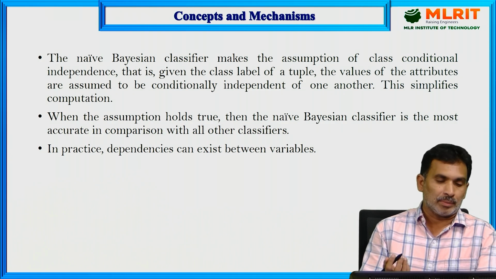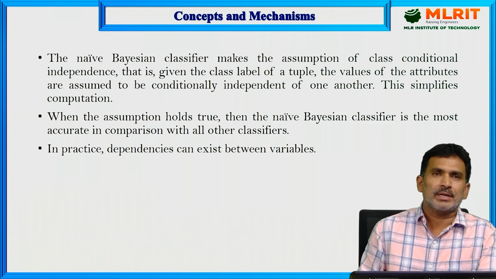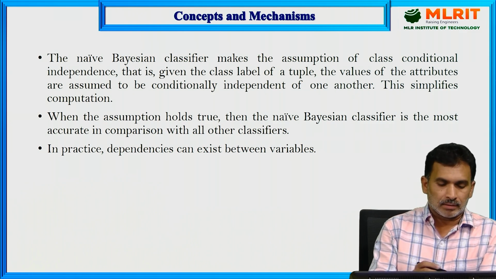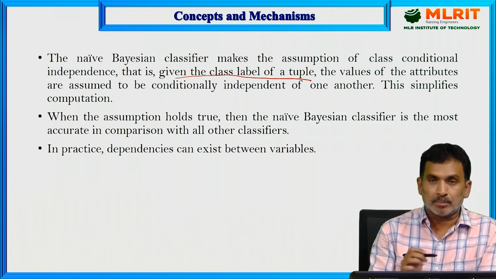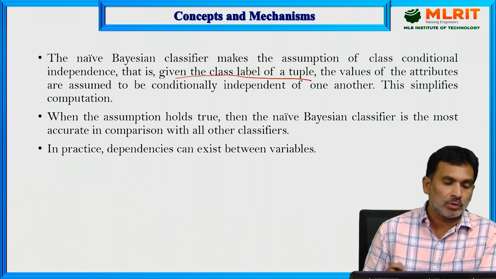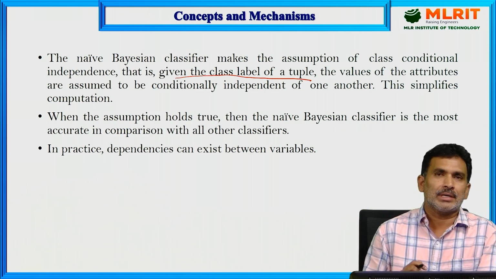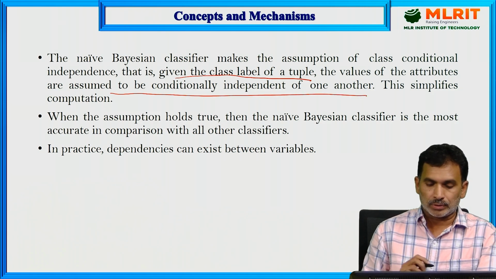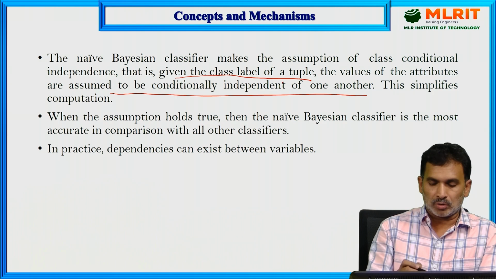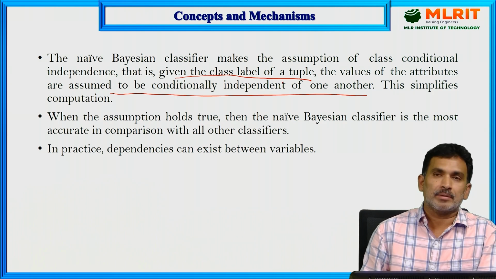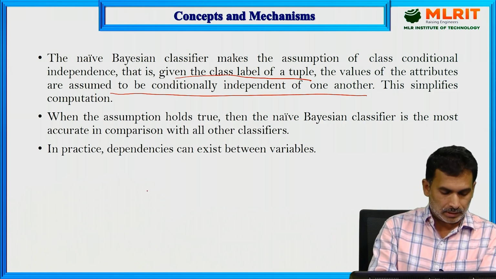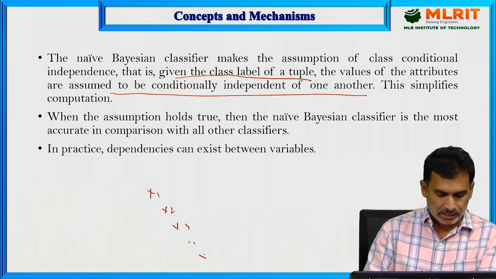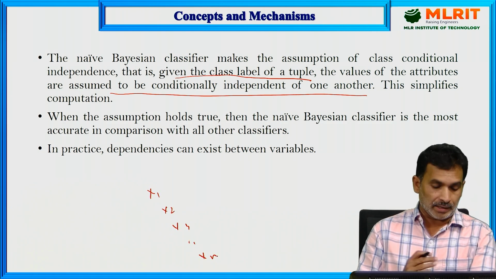So what does class conditional independence mean? Given the class label of a tuple, the values of the attributes are assumed to be conditionally independent of one another. There is no dependency among the attributes. Suppose there are different tuples x1, x2, x3 and so on, up to xn in a data set.